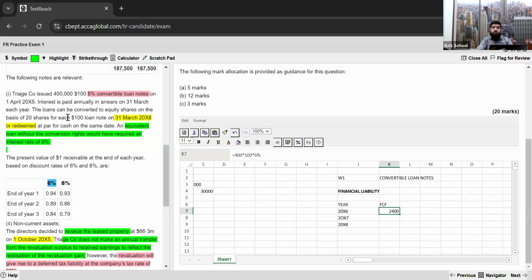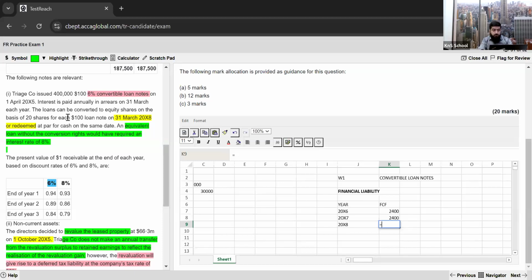So by this, we have the future cash flow for year 1, the same future cash flow for year 2, and for year 3, the final year, the total amount will be paid to the investor, which means there will be 2 future cash flows.